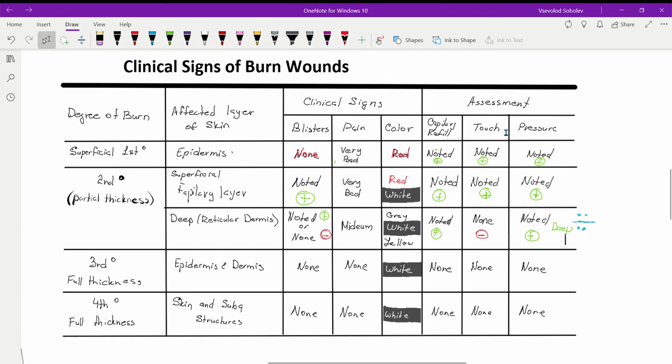So third degree, full thickness. We got epidermis gone and dermis is gone, so the vascular nerve layer is absent. So I'll select my red pen. Blisters, there will be no blisters, no fluid leaving.